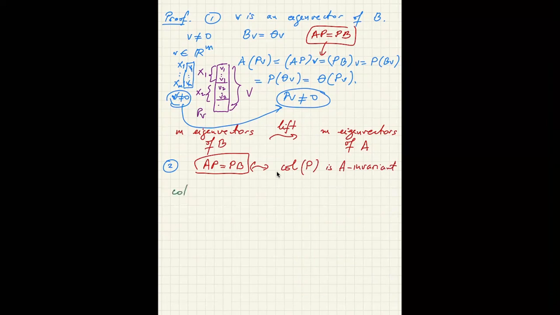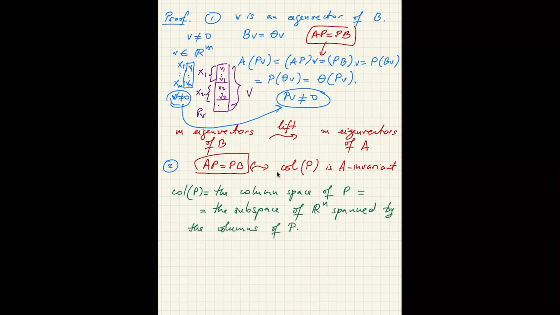Call P is the column space of P, and it's the subspace of Rn spanned by the columns of P.